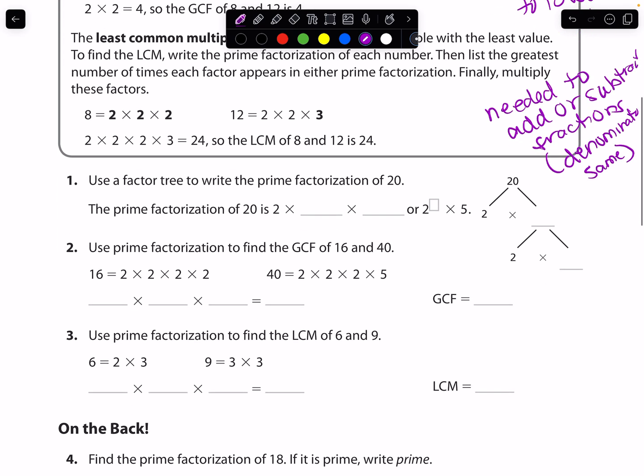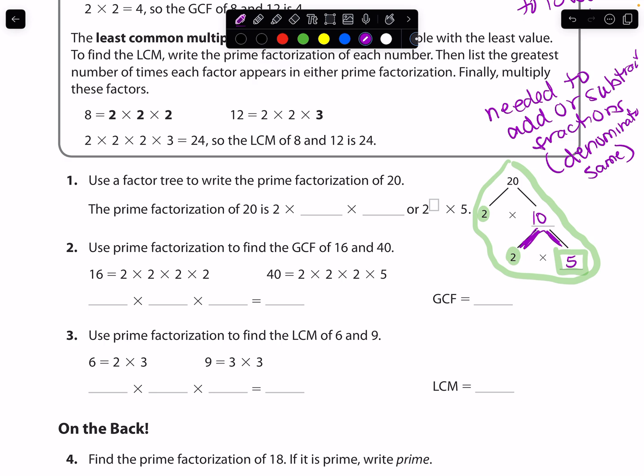So step one, let's talk about how to make factor trees. You probably have seen this before, but the factor tree is this side over here. I want you to notice that we are getting to prime numbers. We start just by factoring the 20 into two numbers that you can multiply together. This example chose 2 and 10. So 10 then becomes 2 times 5.